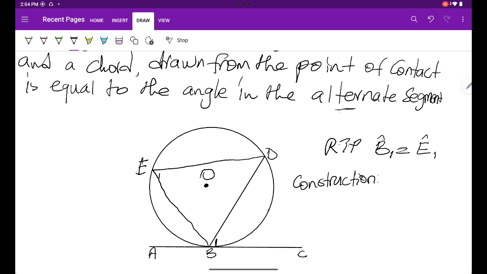Now in our construction, we are going to start by drawing a diameter. So let's call it BOF. So we draw a diameter BOF.